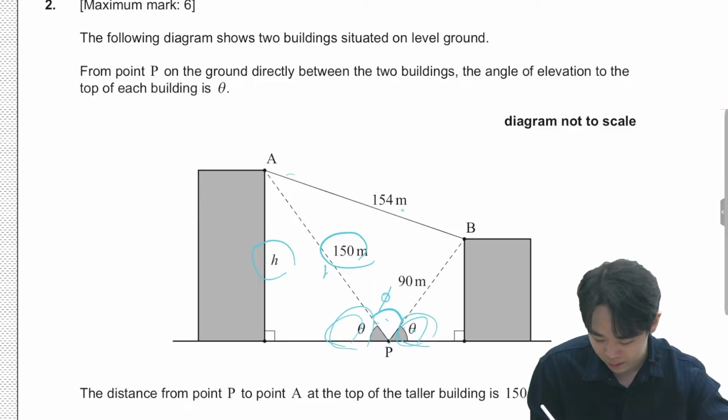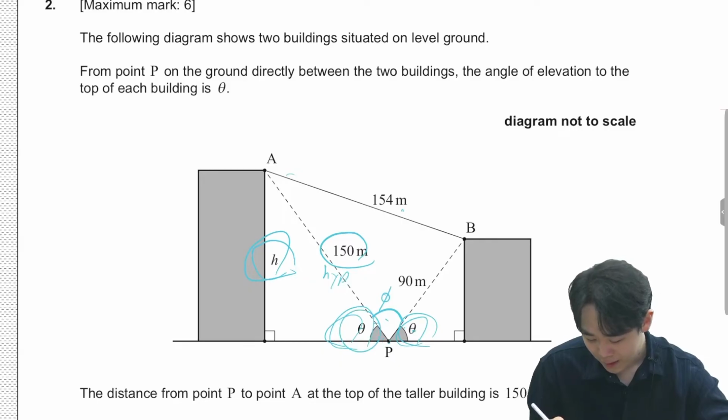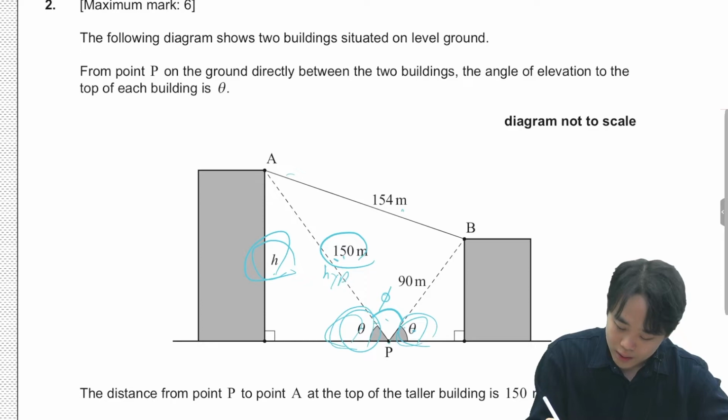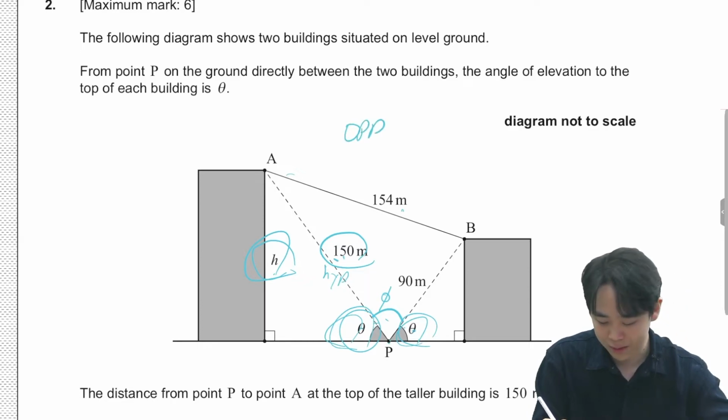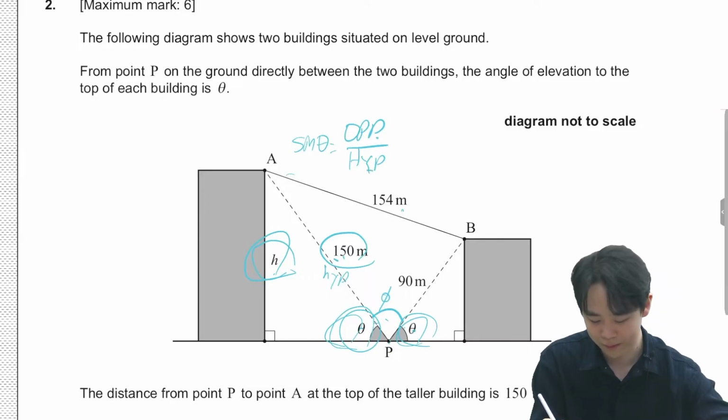So if you want to find h, we've got to set up the right equation here. We have the hypotenuse of this triangle and the opposite side length. Our reference angle is theta. Hypotenuse is 150. Opposite side is h. So opposite and hypotenuse, how are they related? By sine. So sine theta is opposite over hypotenuse.